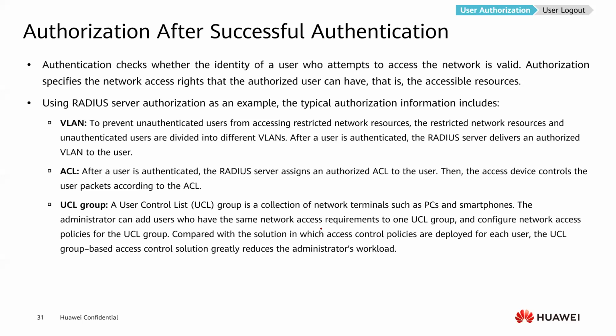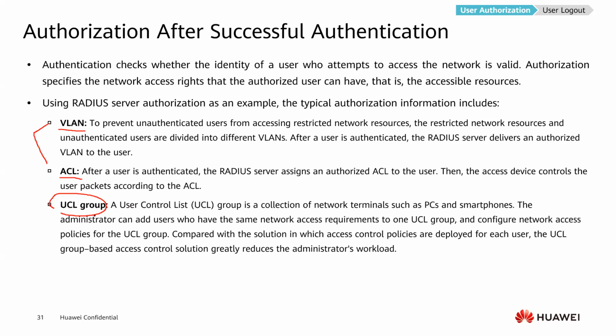First is the authorization. When the terminals successfully pass the authentication, they will get some specific authorization, such as the VLAN and ACL. And the authentication devices will, based on the different VLAN and different ACL, control the traffic access. And also, you can use the UCL group. A UCL group is just a group of users who have the same access rights.